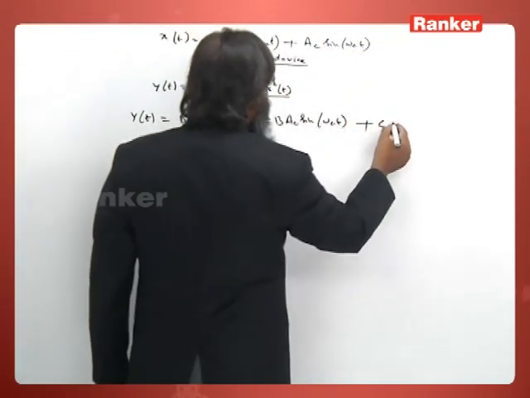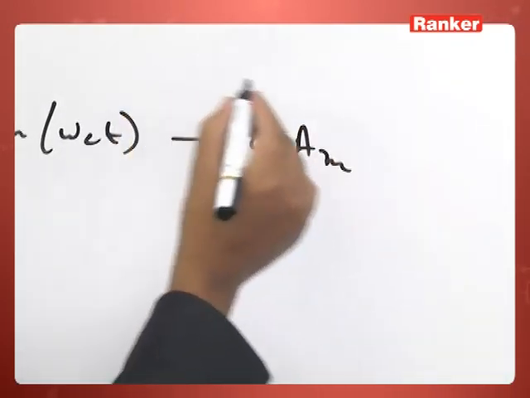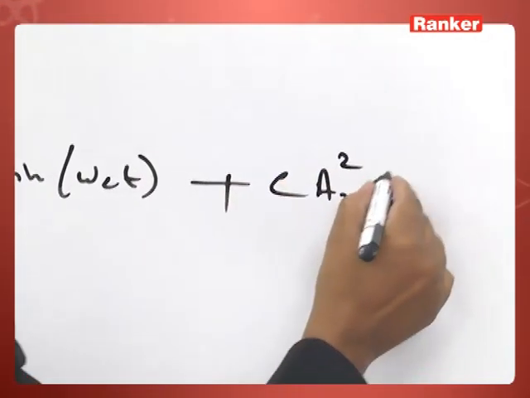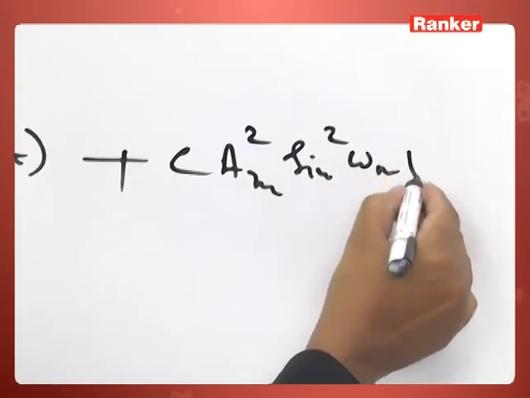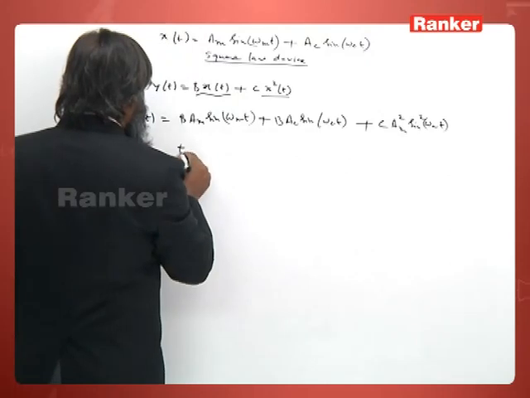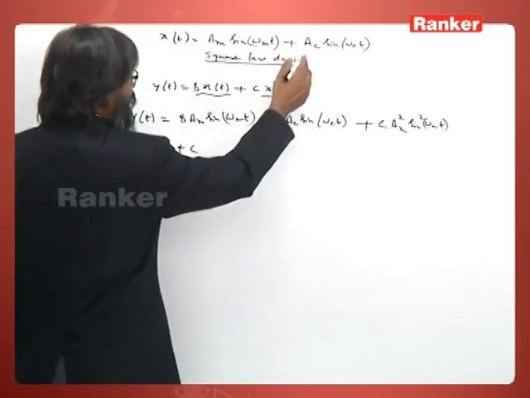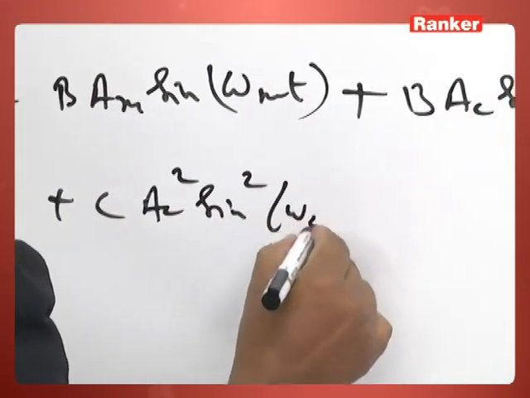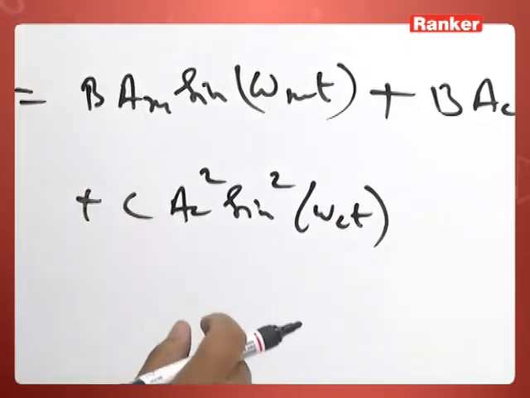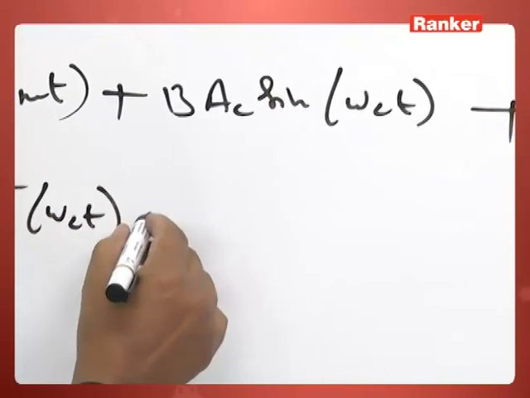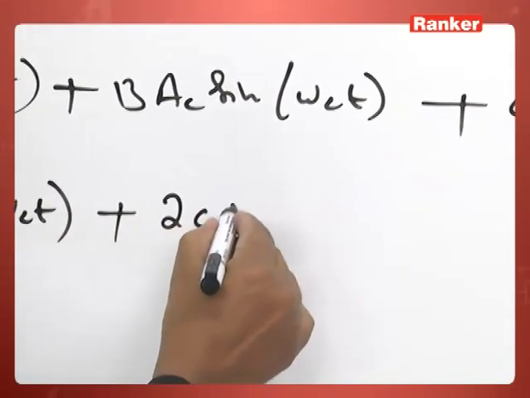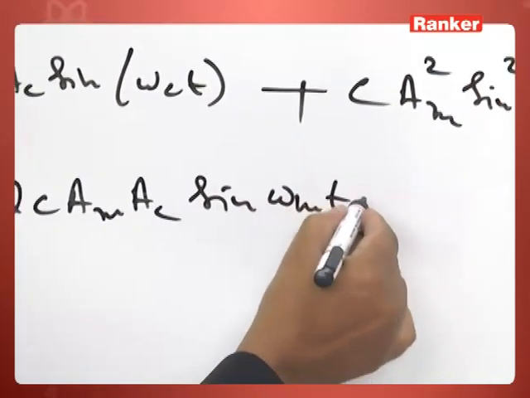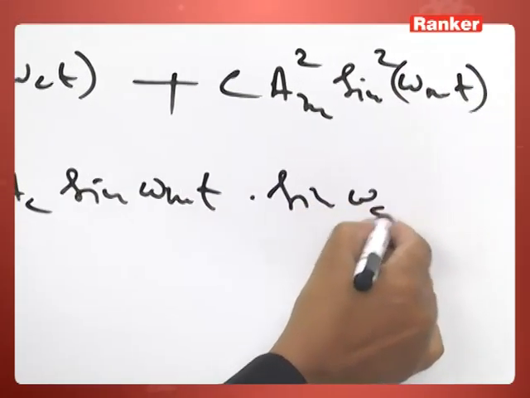So first, c times Am squared sin squared ωm t, plus c times Ac squared sin squared ωc t, and then the 2ab term, 2c Am Ac sin ωm t sin ωc t.